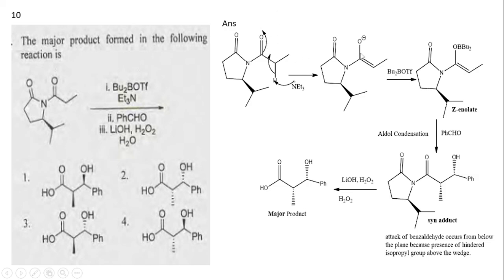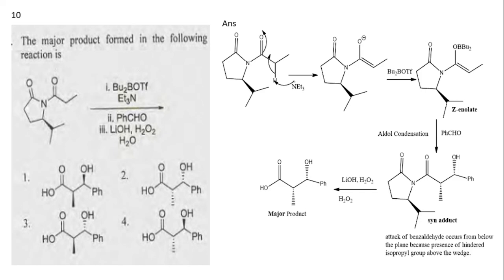Okay, and this O minus, they are giving this Bu2BOTf. The O negative will then attack on this boron, to form this BBu2. Here it leads to the formation of the Z enolate. Then after this aldol condensation of this benzaldehyde with this enolate, it leads to the syn product, because Z enolate gives the syn product, and E enolate gives the anti product.